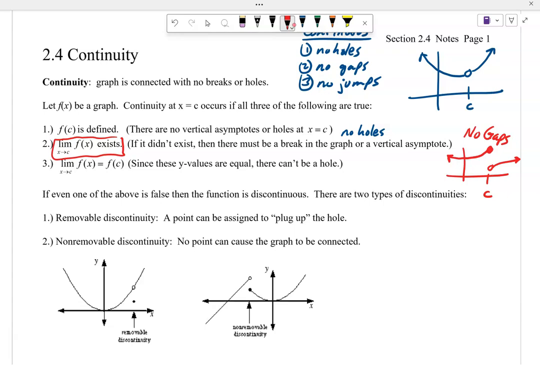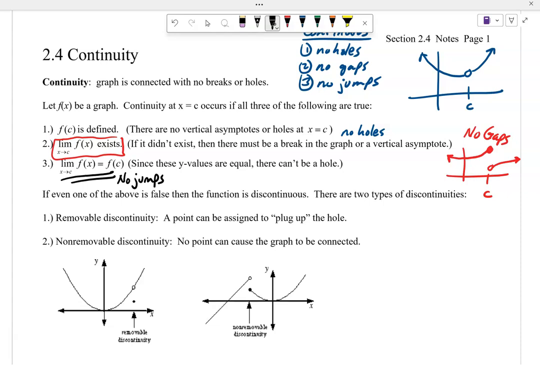And finally, the limit as x approaches c must equal the functional value at c, f of c. So for this third one, the limit and the functional value must be the same, so there's no jumps either.